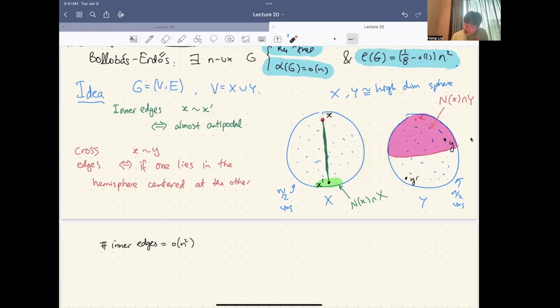But here, every vertex is adjacent to roughly half of the vertices on the other side. So you have n over 4 times n over 2, which is n squared over 8 edges.